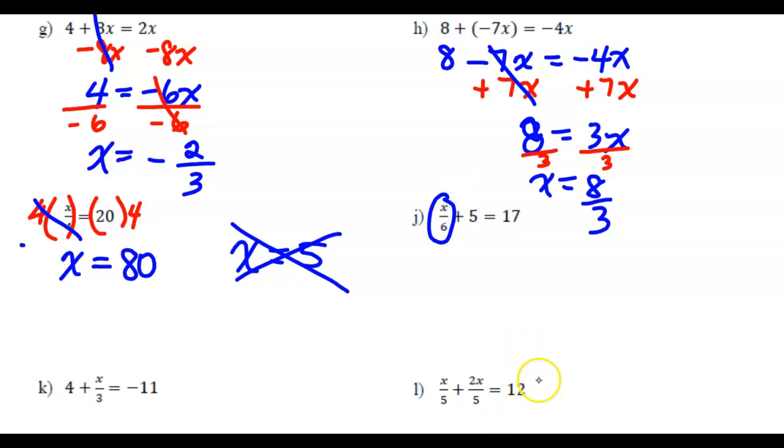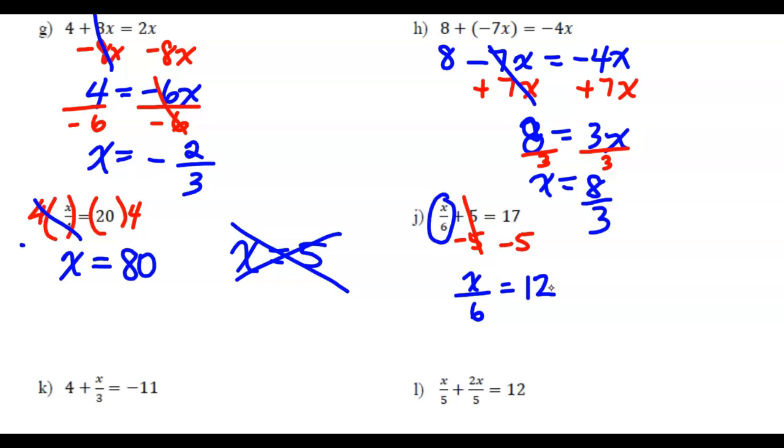We want to get x by itself. So we're going to subtract 5 from both sides. And 17 minus 5 is 12. Now, the answer, if you put 2, is incorrect.